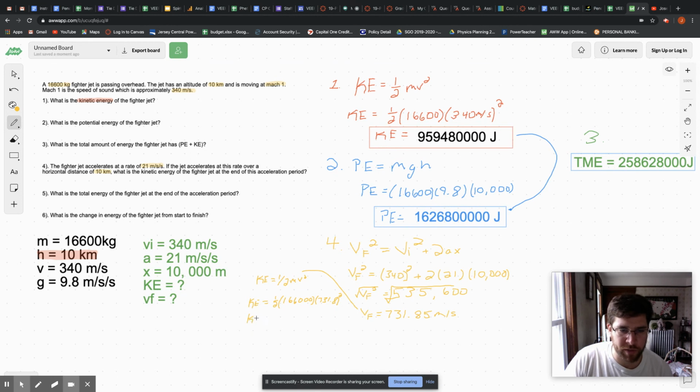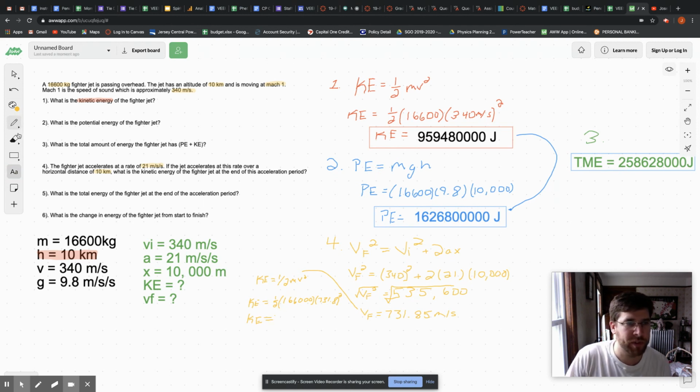All right, let's plug it in. So I'm going to square that velocity, multiply it by the mass, and divide by 2. That actually gives me an answer in scientific notation. We have a really big kinetic energy. Why is the kinetic energy actually bigger now?